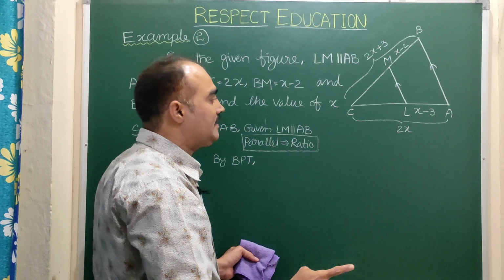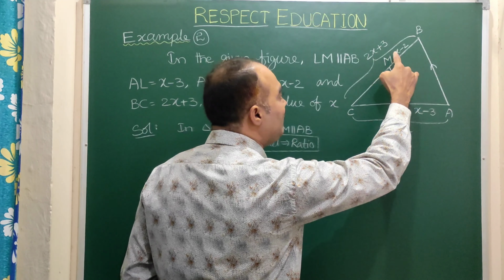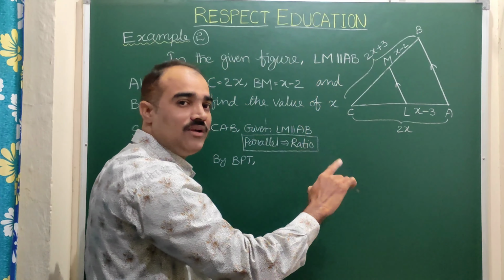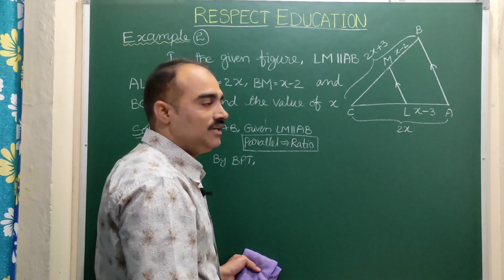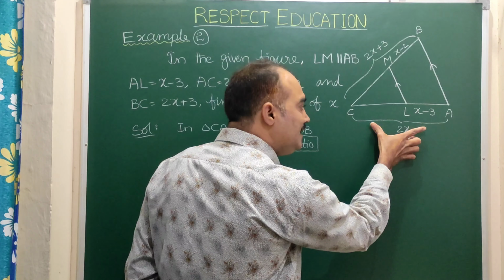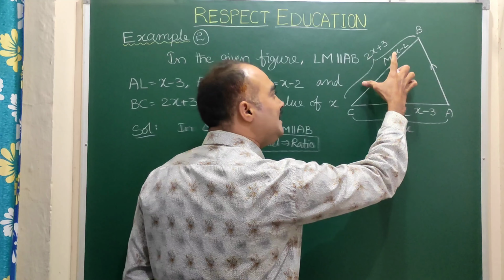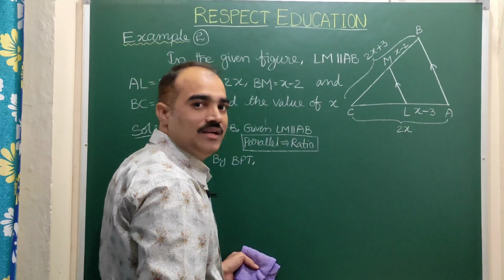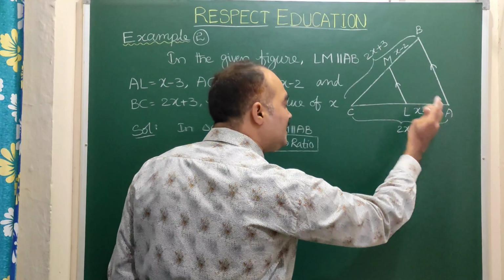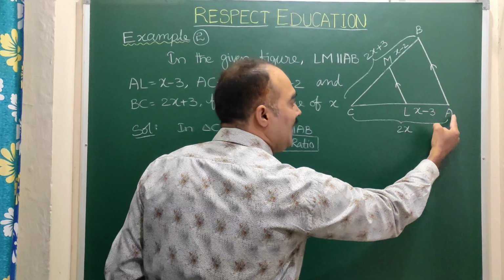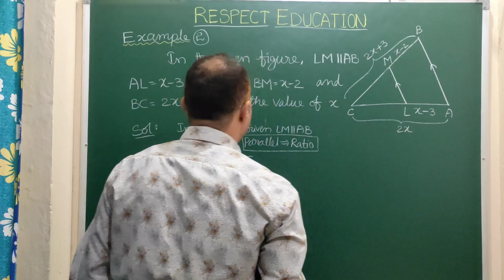But according to the given measurements, better we take those ratios. Here you see AC is given, AL is given. Same way BC is given, BM is given. So let us take the corresponding sides. Here you see CA by AL.